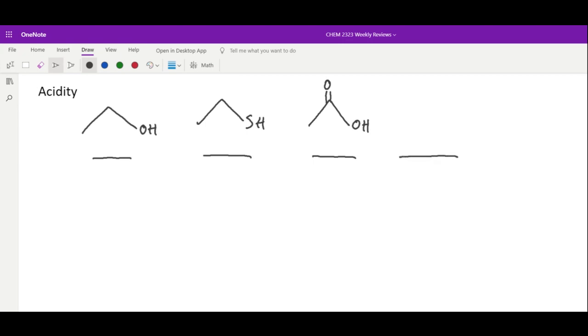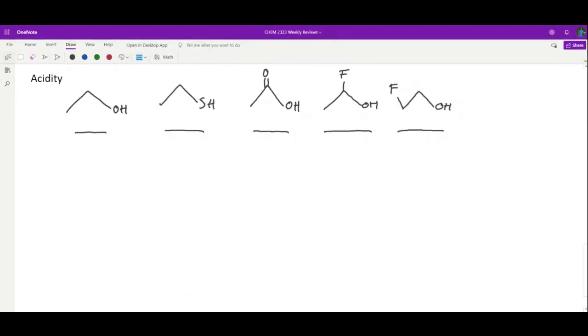So next question. All right, for the basis of teaching, I'm actually going to have 6 compounds.